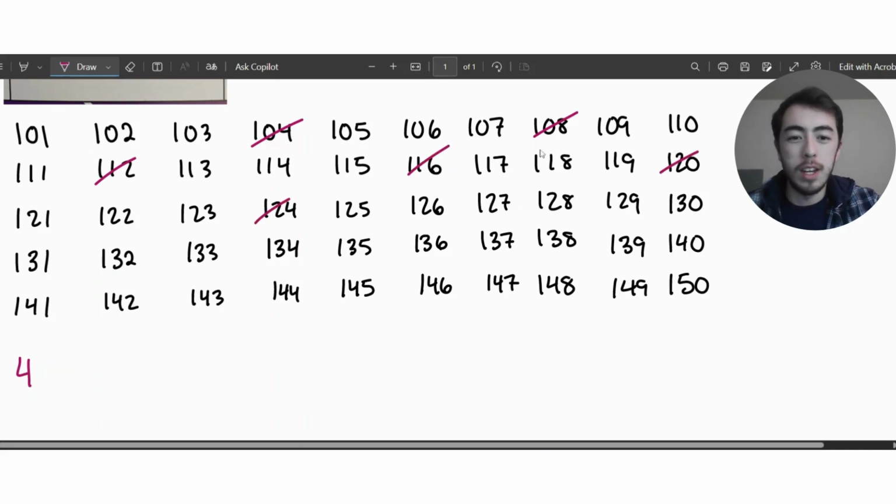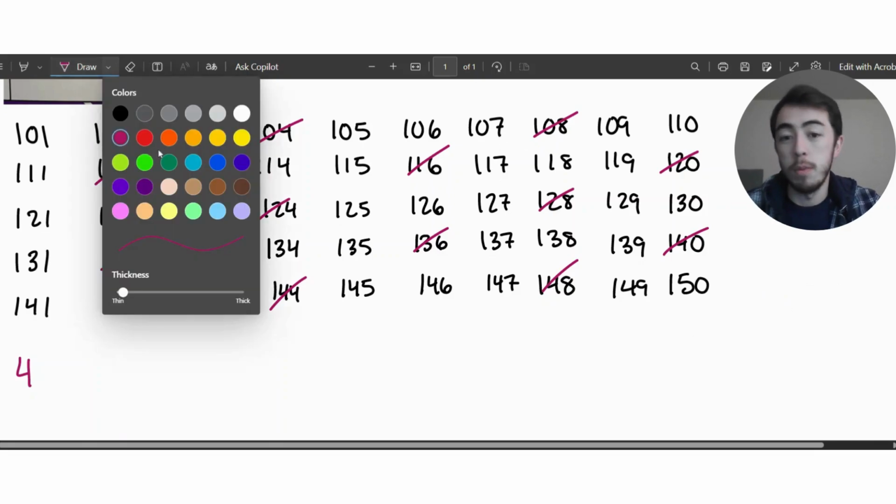It's kind of making a nice pattern here where I'm skipping each of these rows, skip, skip, skipping. It's just counting up by 4s, but the way that I wrote out my list gives a nice visual pattern to all of my multiples of 4. And the next one would be 152, but that's outside of my array, so I'm all done. I have found all numbers that are divisible by 4.